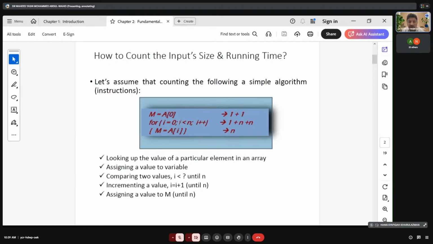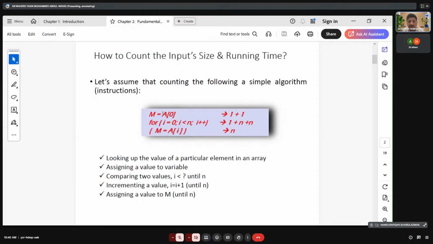Here we compare. Here i equals 0 is 1. i less than n: how many times do we compare? n times. And how many times do we make the addition? n times. That's why we have 1 plus n plus n. Here we have assign 1, and we have to read A[0].